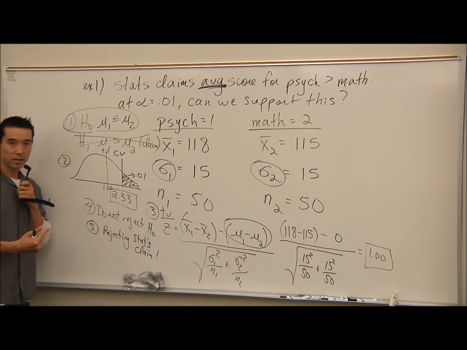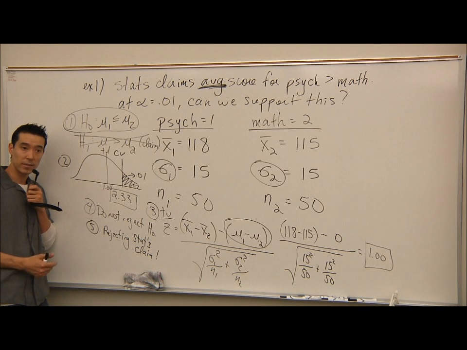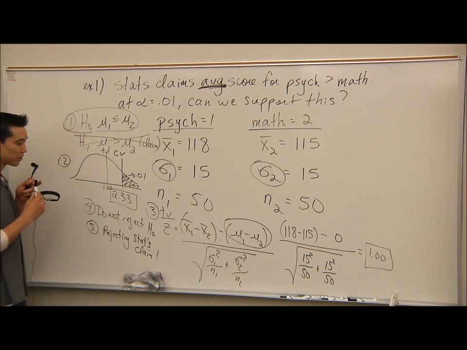Okay, I want to do one more of these with the p-value method, because we need to be able to do both traditional and p-value. So let's try another one with p-value.